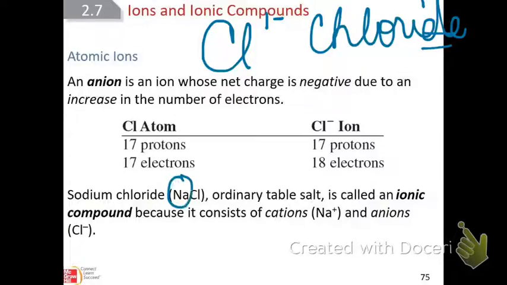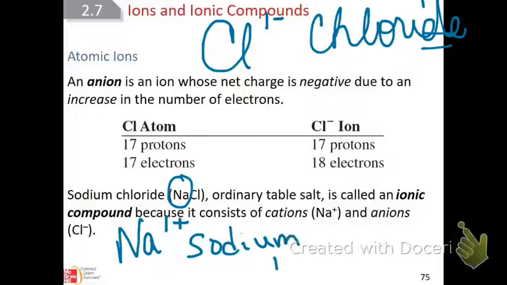Sodium, right here, remember it lost an electron, so it became positive because it lost something that was negative, and if you lose negative, you're going to become positive. So it has a now positive charge. That's how you write its charge, and it's called sodium ion.